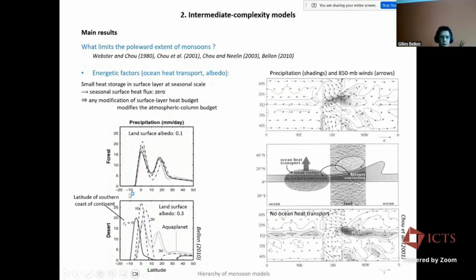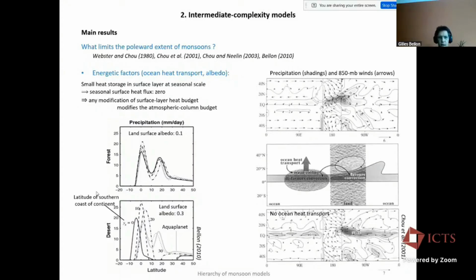Then the precipitation pattern, in terms of its dependence on latitude, is essentially similar to the aquaplanet case. But if I put no vegetation, a desertic continent with a land surface albedo of about 0.3, then if my continent goes further south than 20 or even 25 north, my precipitation pattern starts being significantly different from the aquaplanet.